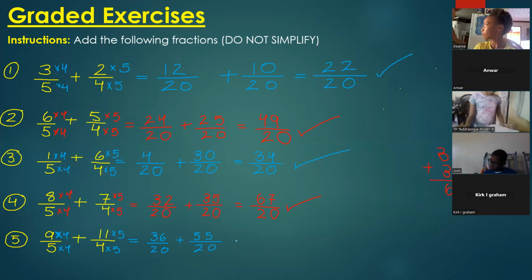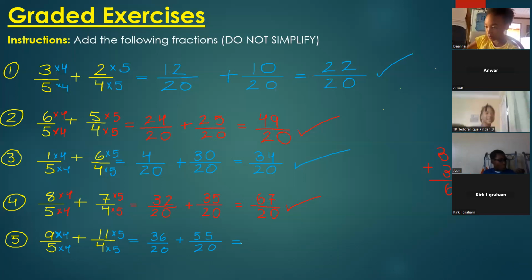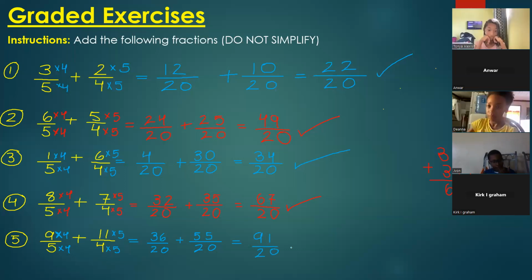Then your answer is 91 over 20 when you add them. Yes, sir. So we have to add 55 plus 36, and that's 91 over 20. Say yes if you got this. Yes. Yes. Yes.